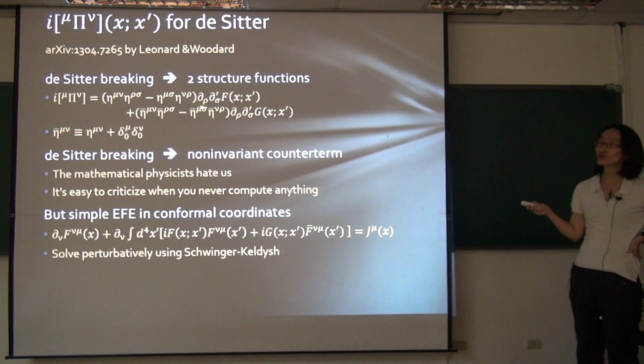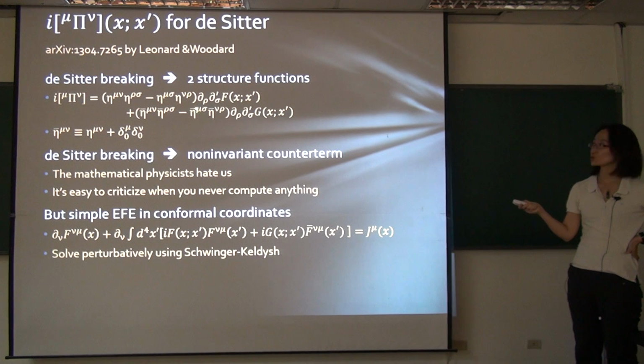But the thing is, when you try to make a de Sitter invariant representation, you try to make this ordinary derivative a covariant derivative, and also try to make this part a de Sitter invariant tensor. It gets vastly complicated, very, very complicated, and very hard to use. And also, it doesn't get rid of the de Sitter breaking piece in this structure function.